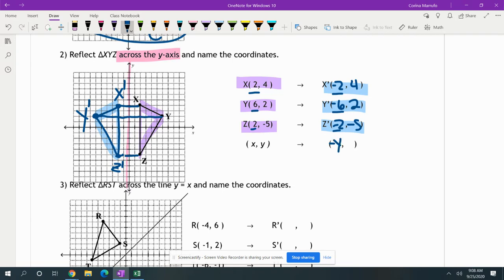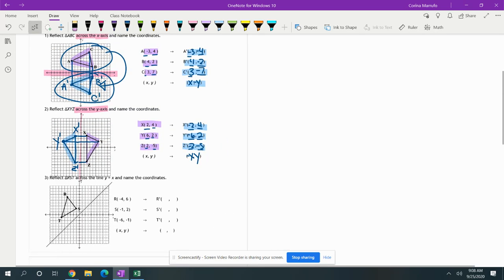So all of them became negative. And then our y values all stayed the same: 4, 4, 2, 2, -5, -5. So our x value changes, so it's -x, and then y. Okay, so you can use these patterns if you want to figure out the coordinates.